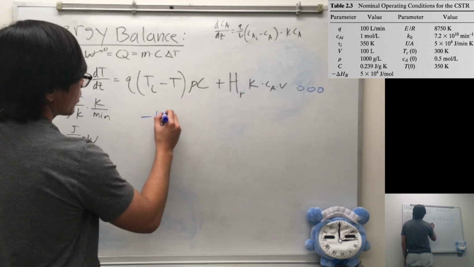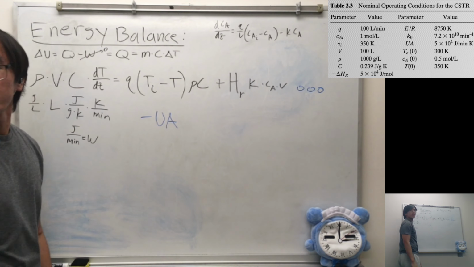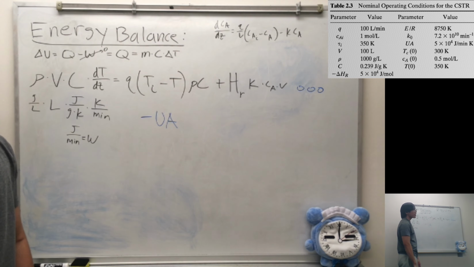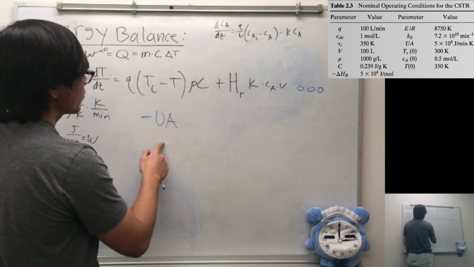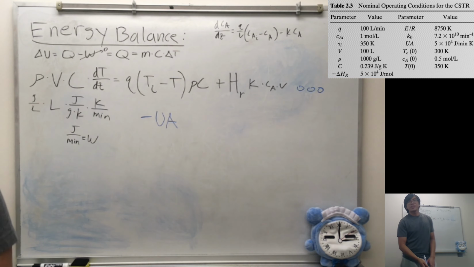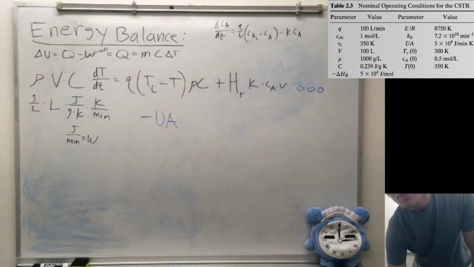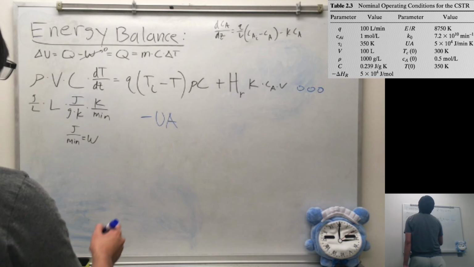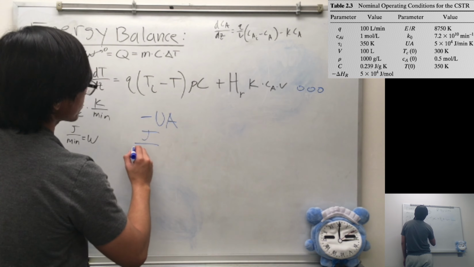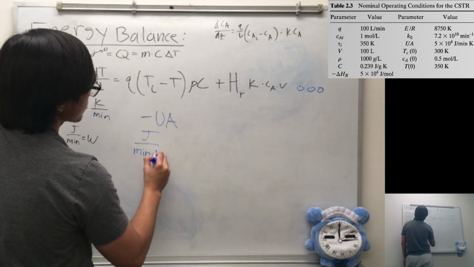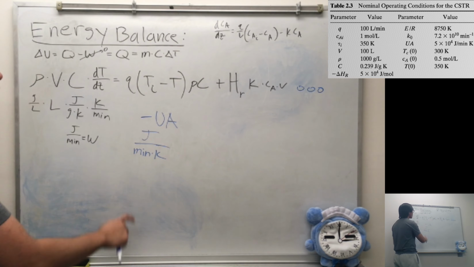So remember our UA, overall heat transfer coefficient, times area. And I believe, well, let me just check now. The units for UA are joules per minute per Kelvin. So breaking down the units, well, we already have joules per minute.